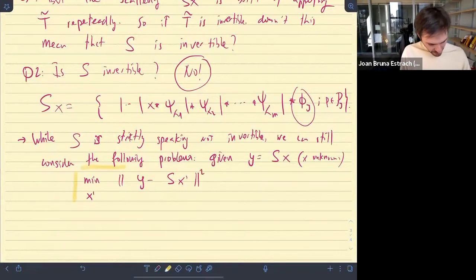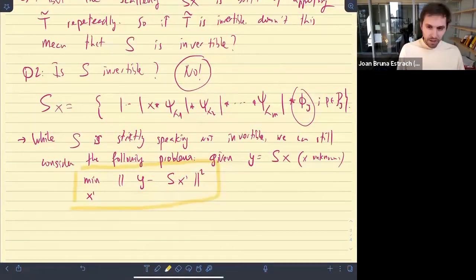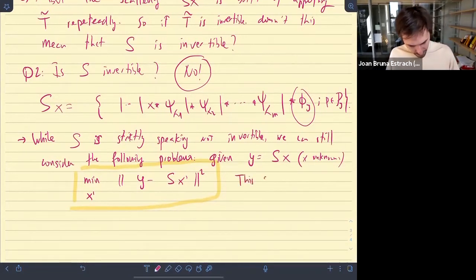And this is a very natural problem that, of course, if S was invertible, would give as a solution the only x that is in the pre-image, which is the one that we are looking for. But even if it's not invertible, you can still consider it. This gives some kind of soft inverse.